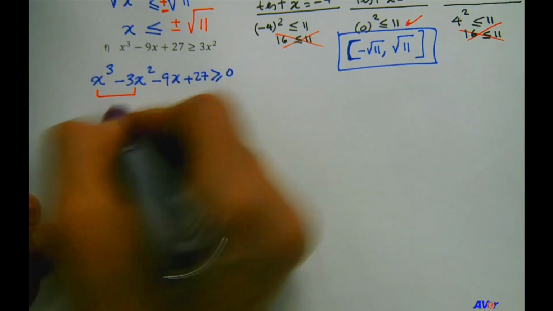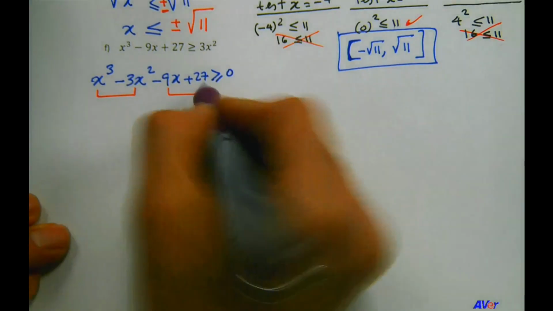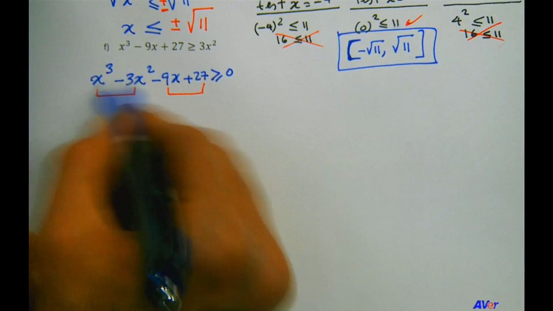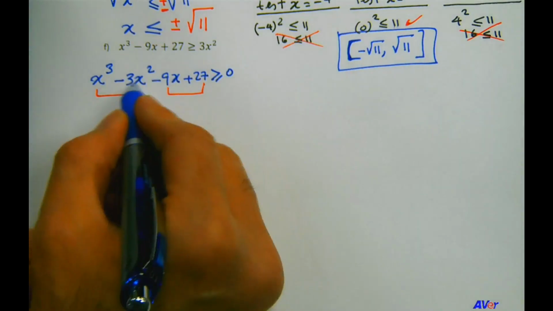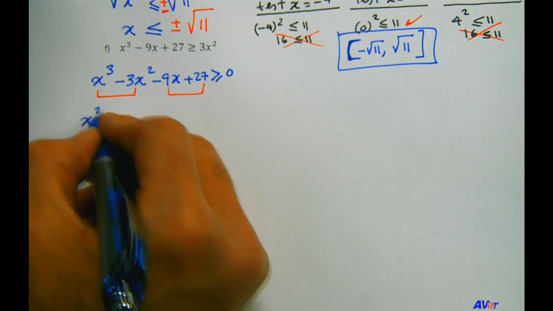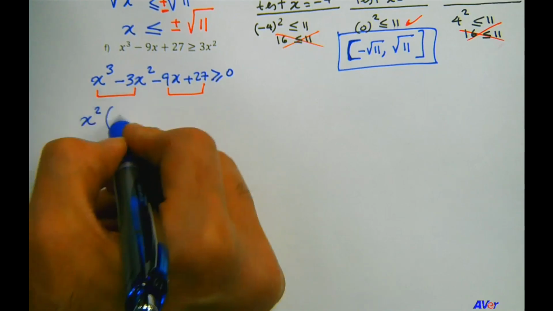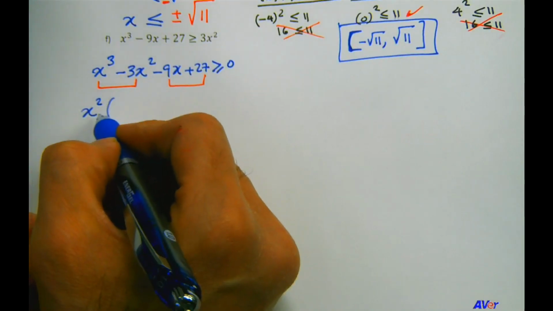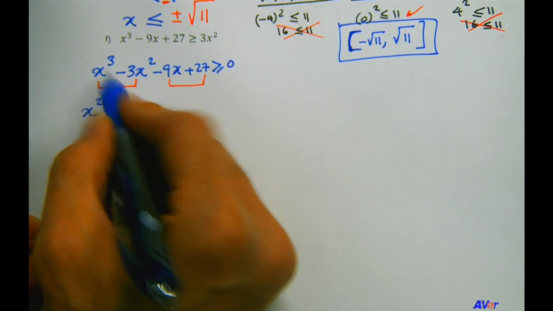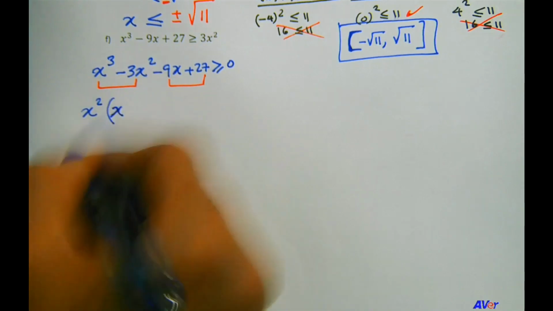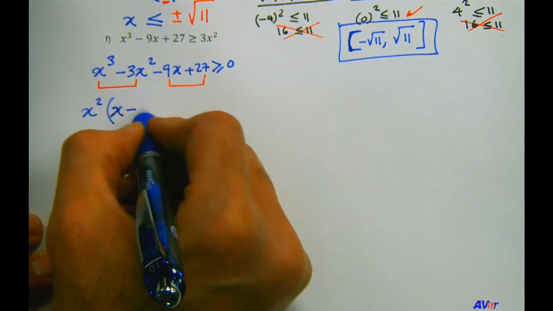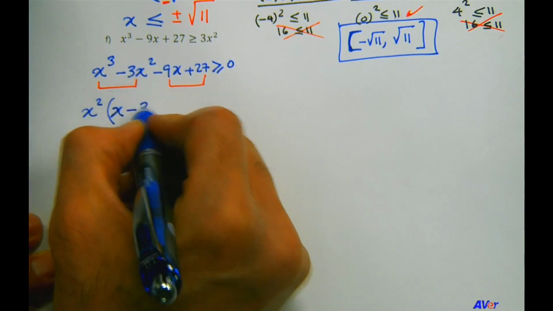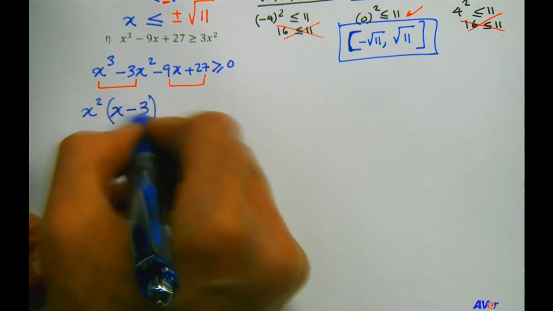So let's pair these 2 in a group and these 2 in a group. And from each group, let's factor the terms that we can factor. So x squared, I'm going to factor x squared. What term do I need to put here to multiply by x squared in order to get x cubed? Well, just x. Then minus, what term do I need to put here to multiply by x squared to get minus 3x squared? Just 3, right? x minus 3.